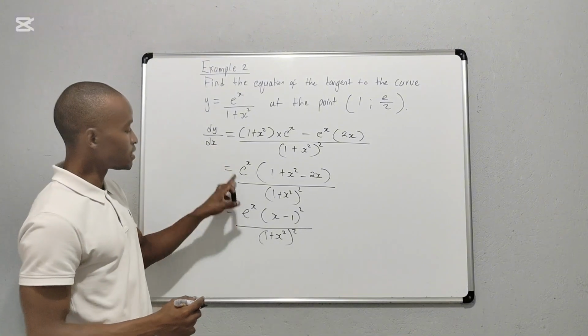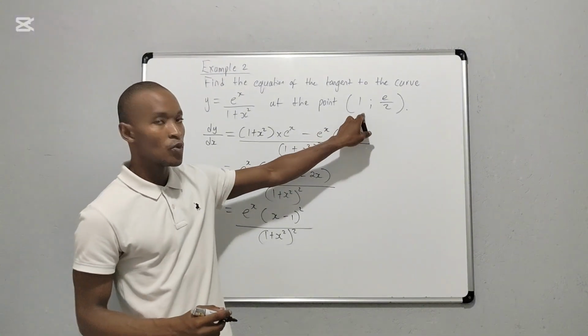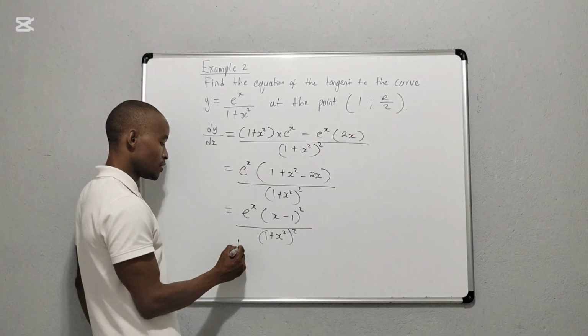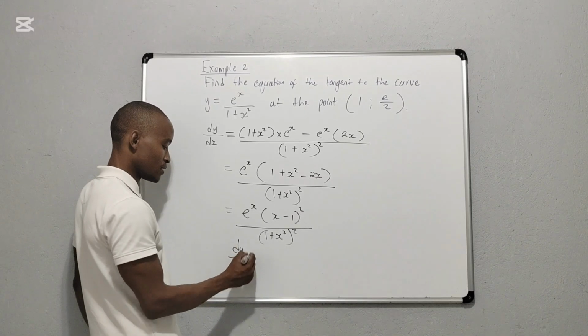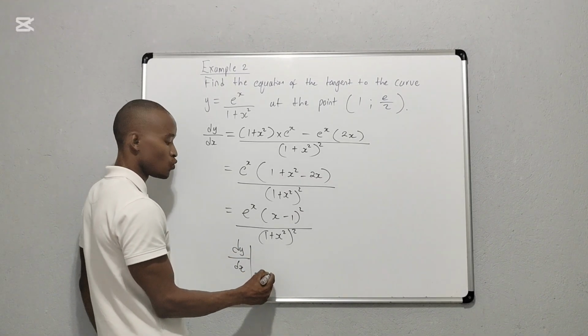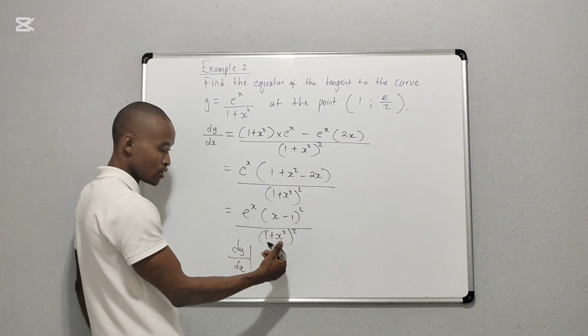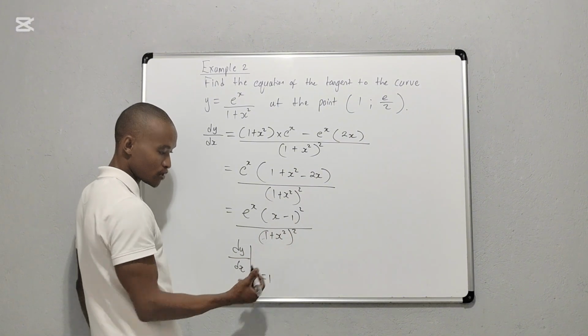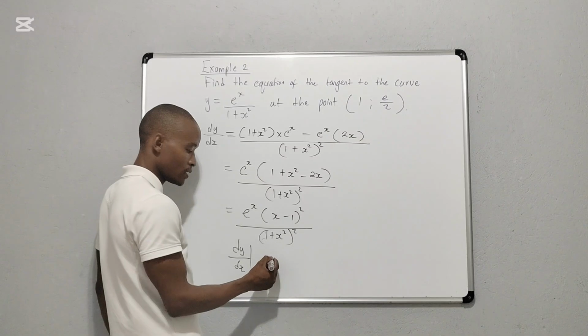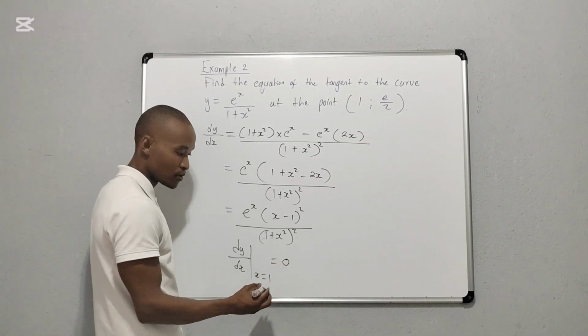Where are we evaluating the derivative at this point? All right, so the derivative dy over dx evaluated at x equal to 1. If we substitute 1 here, 1 minus 1 is 0. So that will be 0. Because, yeah, we won't be dividing by 0, that's fine. So the derivative here will be 0.